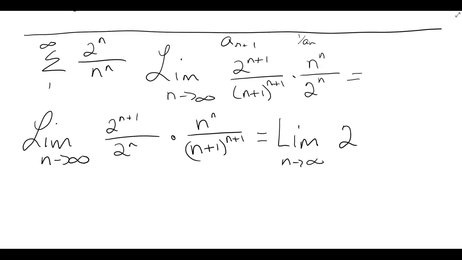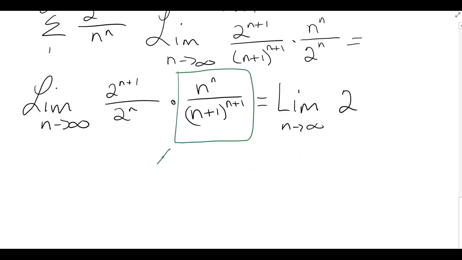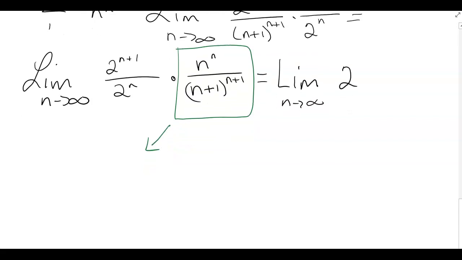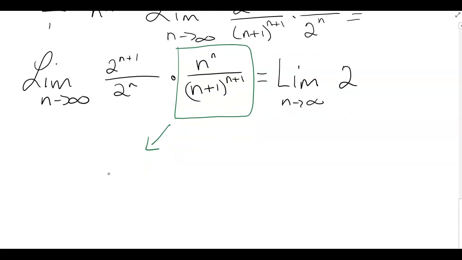Here's the part I want to take off and play with for a minute. Let's look at this before we put it in there. There's a bit of manipulation we have to do to this one to get it to something that makes sense to us where you can actually take a limit.